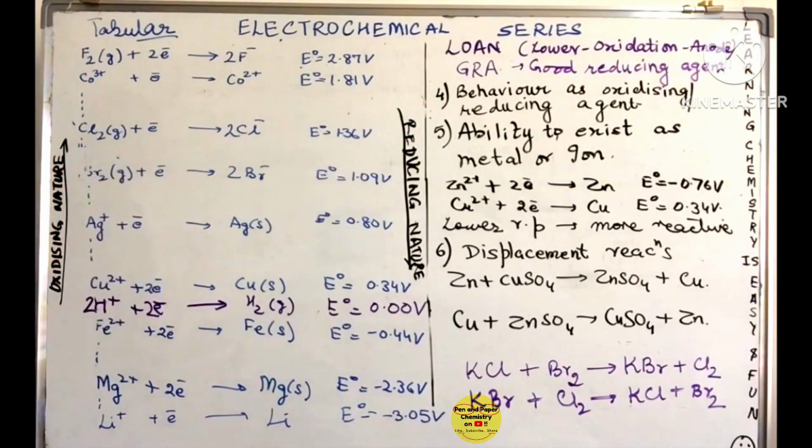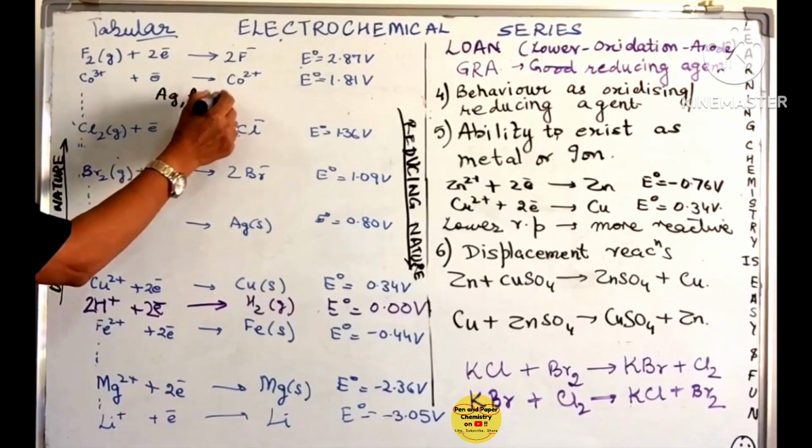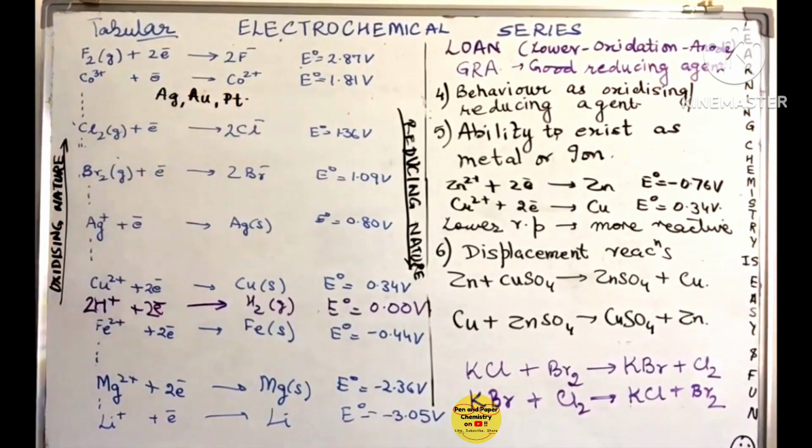We now go on to the ability of an element to exist as a metal or an ion, right? This is something that we observe. We know that silver, gold, platinum, all these elements can peacefully exist in nature without being affected by the oxygen, carbon dioxide, moisture of the air.